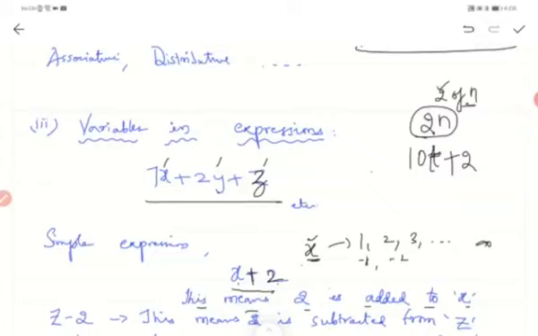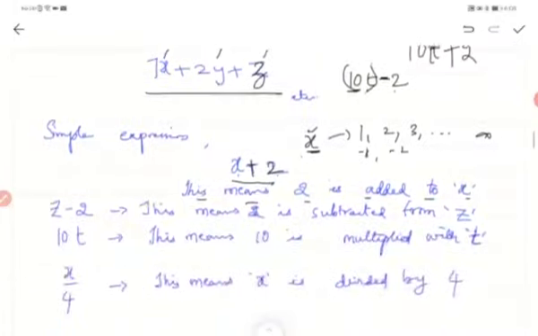Now I have an expression like 10t minus 2. So first we are multiplying 10 with t, and from this product we are subtracting 2. Or you can say 2 is subtracted from the product 10t.